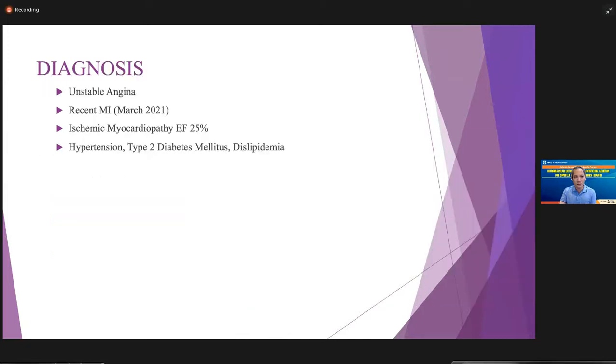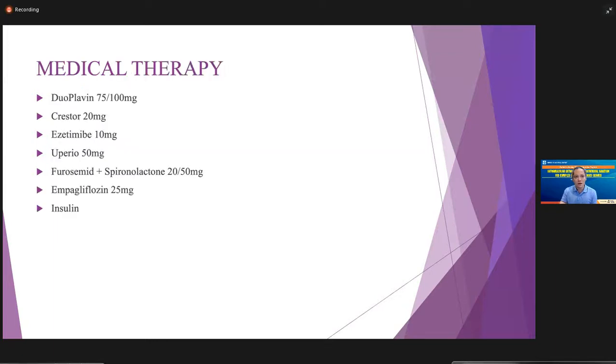The problem is the patient has low EF with ischemic cardiomyopathy, hypertension, and diabetes. This is the medical therapy.